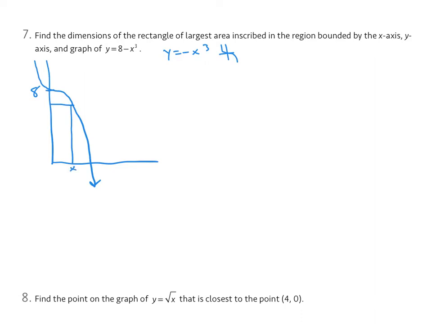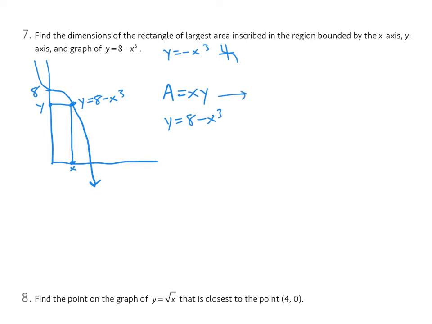And I want the rectangle to have the largest area possible. Well, suppose there's some x value right here, and then some y value there. Well, this point on the curve is defined as y equals 8 minus x cubed. The area of the rectangle is x times y, and the equation of the curve, which is determining the boundaries of this rectangle, is y equals 8 minus x cubed.